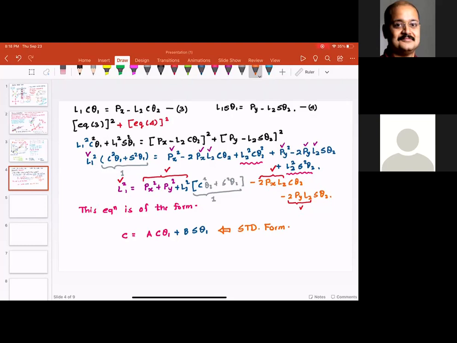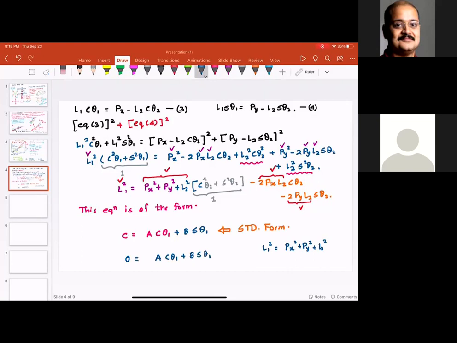Now, here is something that I want to talk about. So imagine a case, and I want you to just imagine in this particular case that L1 square is equal to px square plus py square plus L2 square. Assume that this is possible. Then do you agree with me? If this is true, my C is going to be 0, and I'm going to have an equation A cosine theta 1 plus B sine theta 1.